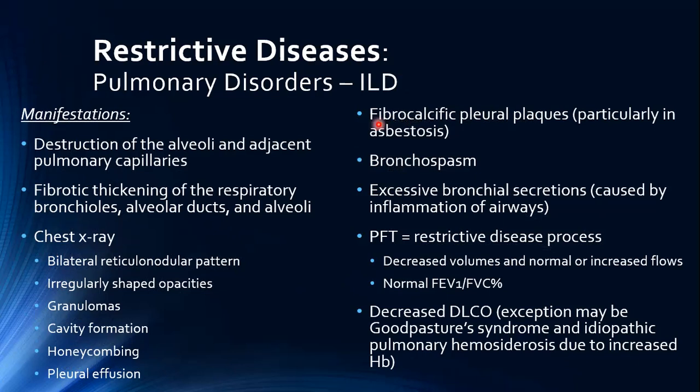But fibrocalcific or fissile pleural plaque, right? So you have calcium and all that kind of stuff building up on the lungs, especially if you worked around asbestos. I know you all have seen commercials where people are talking about mesothelioma, right? They have lawyers on TV always talking about, did a loved one die from mesothelioma, right?